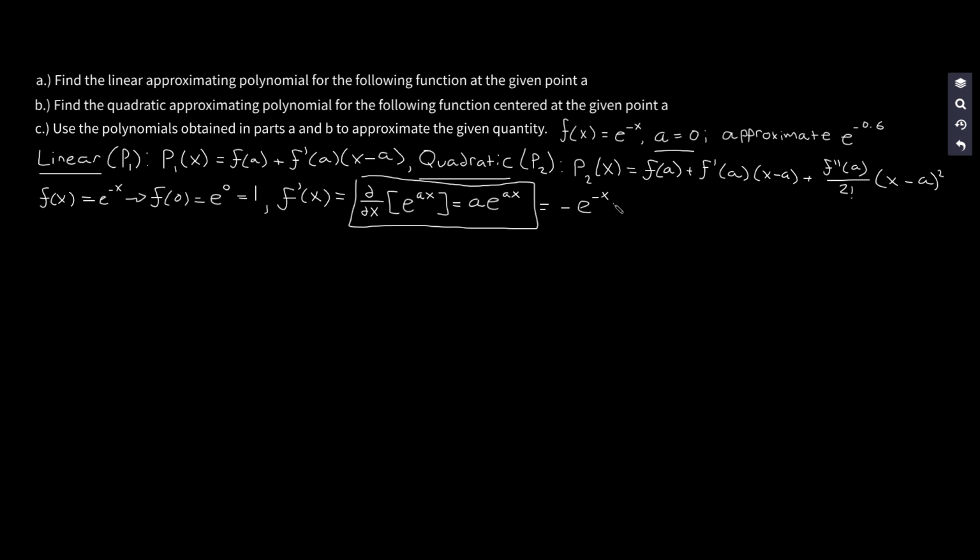Okay, I think that's right. Yes, I'm pretty sure. But we're evaluating f prime at 0, so we take negative e raised to the power of negative 0, or just 0, and anything raised to the power of 0 is 1, but there's a negative sign, so it's negative 1.